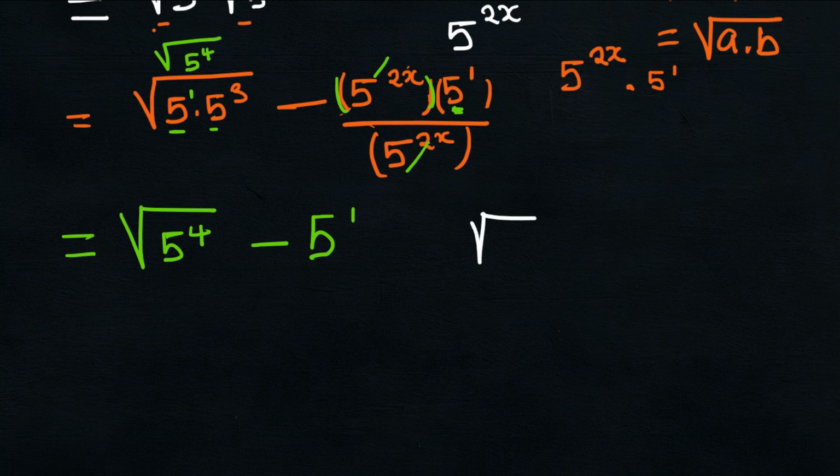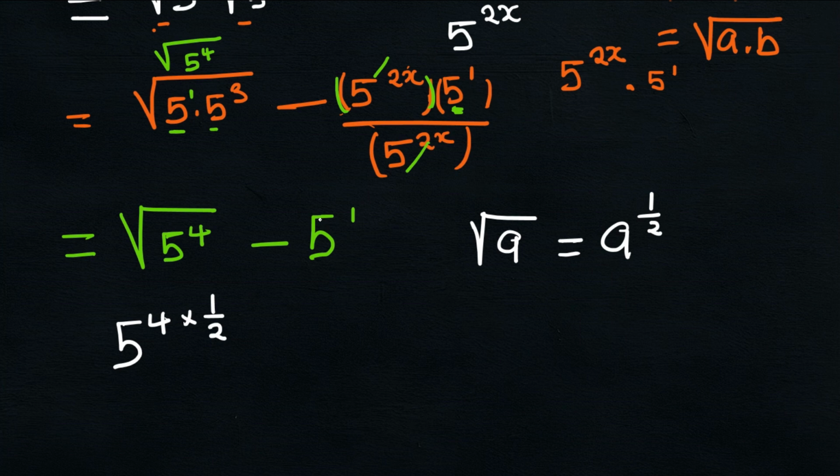Remember that the square root of a, for example, is the same as a raised to the exponent of half. If I apply this knowledge here, we have 5 to the power of 4, and since we have an exponent of half, that eliminates the square root. We're going to multiply that with a half.